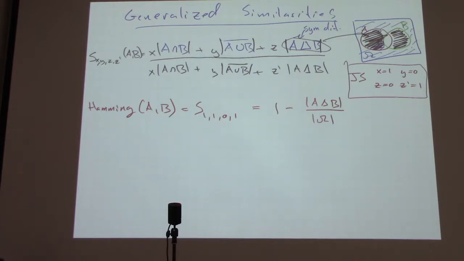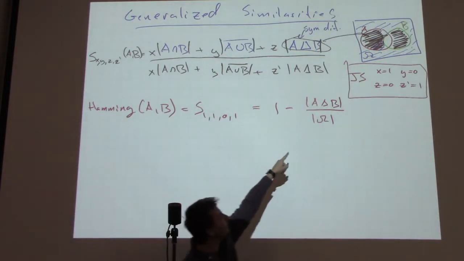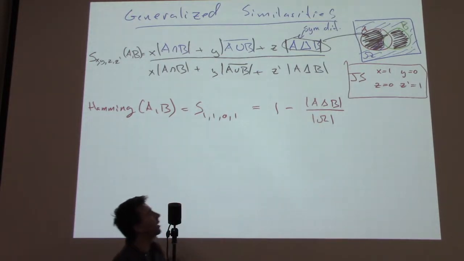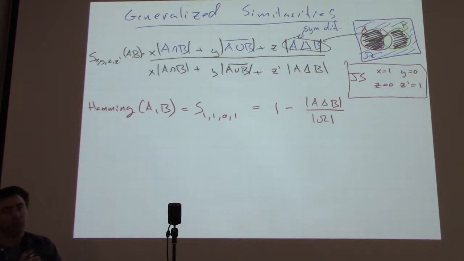Basically, this is the fraction of items which are the same, since the symmetric difference over the domain covers all the things that are different between the sets. This is commonly used.